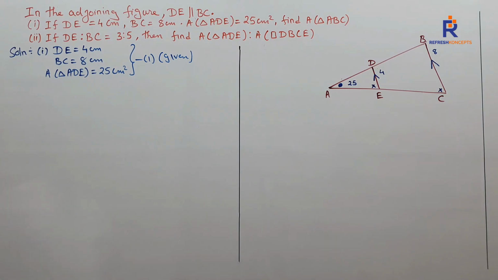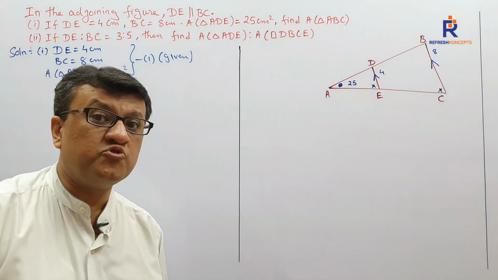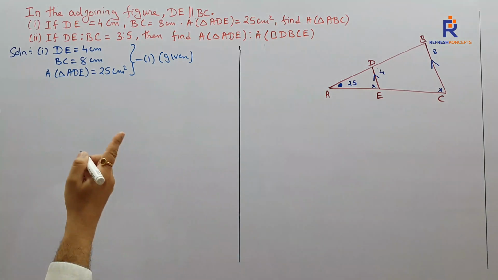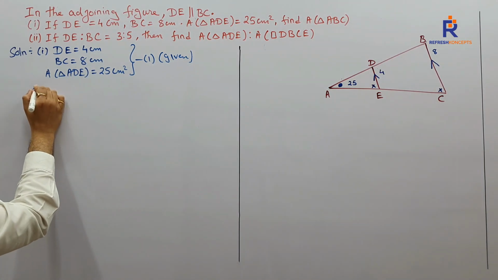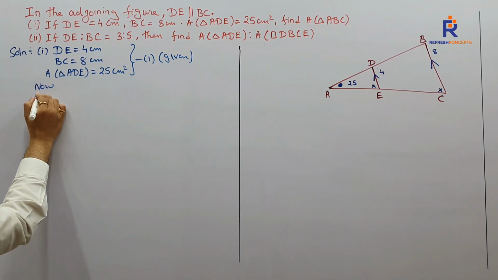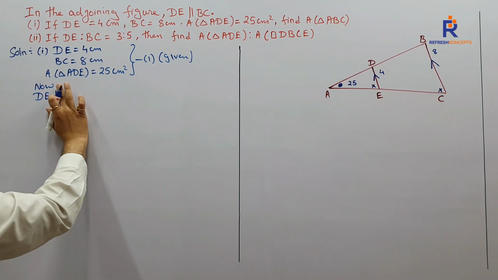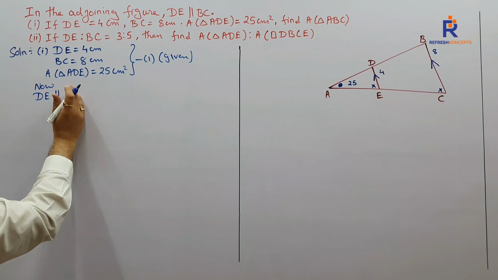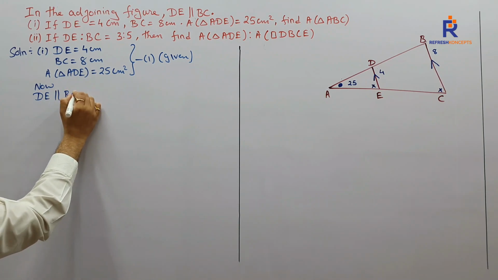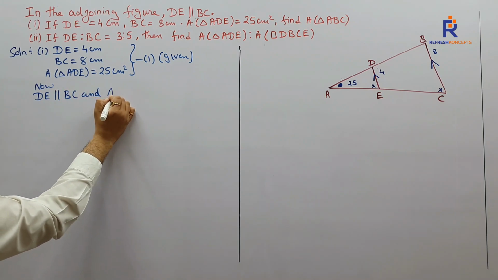To find the area of triangle ABC, but prior to that, we'll prove two triangles similar with the help of those parallel lines. So now we can start off with, now it is DE parallel to BC, and AC as transversal.